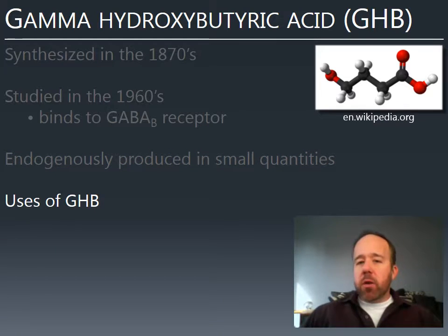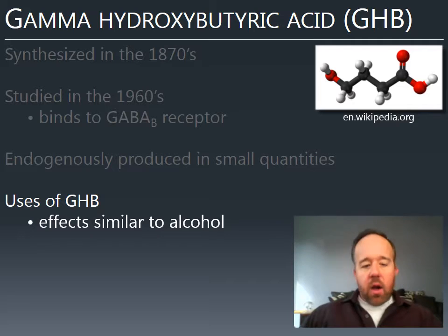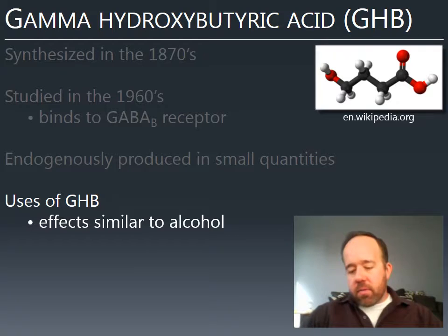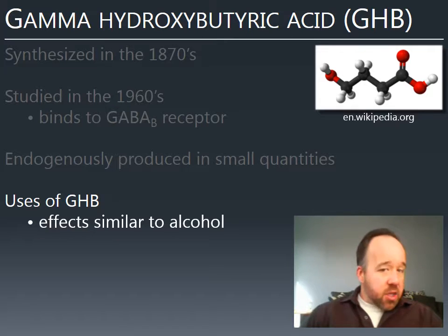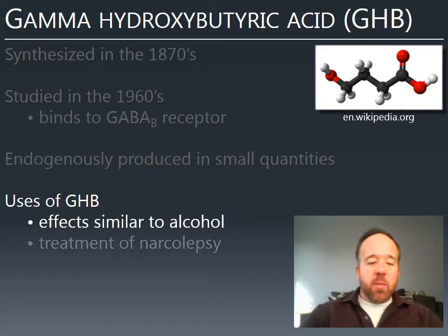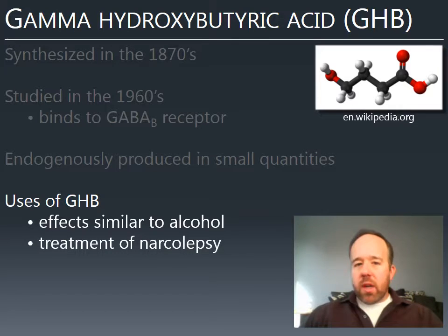So what is GHB used for? Well, it has effects that are similar to alcohol, so we can sort of expect that it would have similar behavioral effects, and if people are looking for alleviation of symptoms, it's possible they could turn to GHB. But legitimately, the only real treatment currently in the U.S. is for narcolepsy, which is a sleeping disorder.